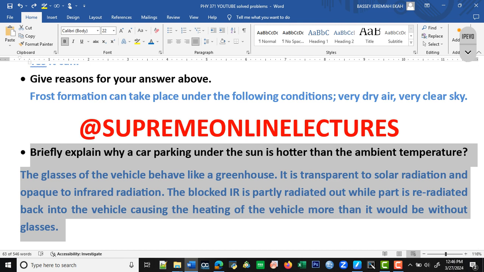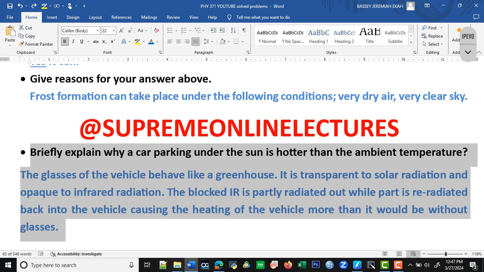It is transparent to solar radiation and it is opaque to infrared. The solar radiation could be in the form of the UV ray. It has a shorter wavelength and could penetrate into the glass. But when it re-radiates where you have the seat of the vehicle, it becomes an infrared heating effect, and at that point the glasses become opaque to infrared.